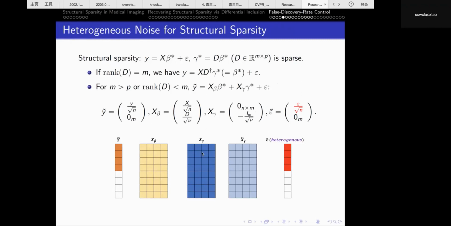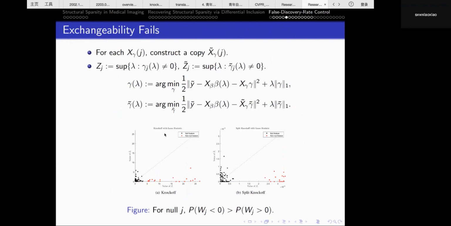So we similarly construct the copy of each x gamma, and its copy is named x tilde gamma. Similarly, we can calculate the dj and d tilde j respectively as the largest regularization hyperparameter for the gamma j and the gamma tilde j to be non-zero.